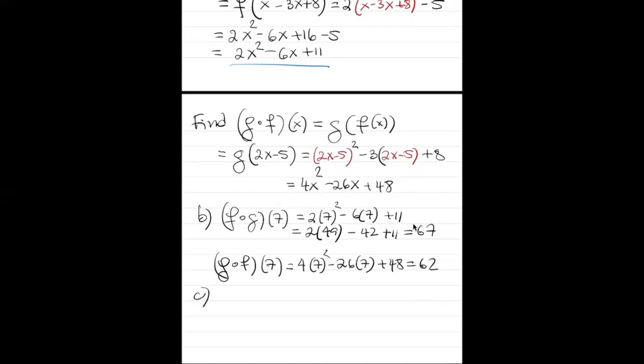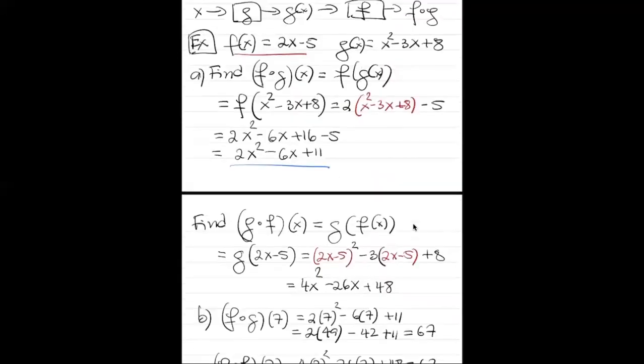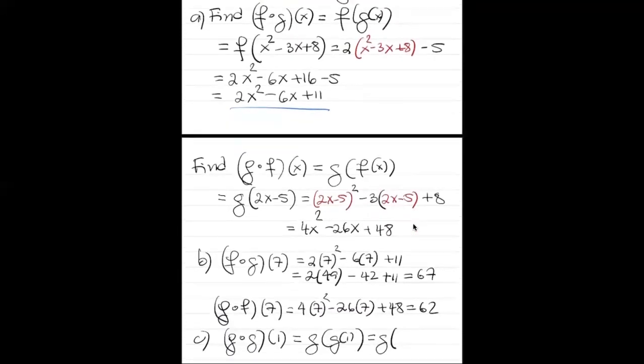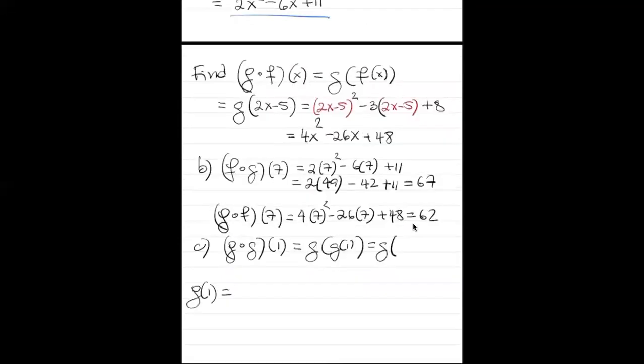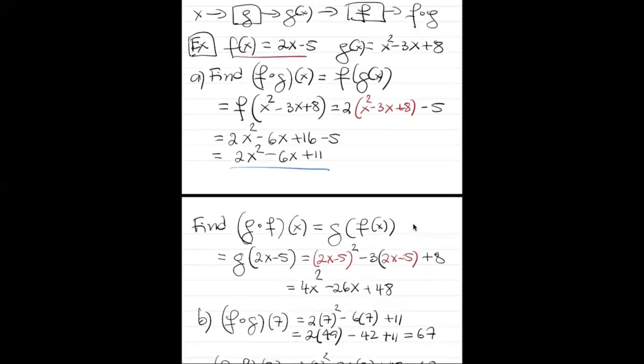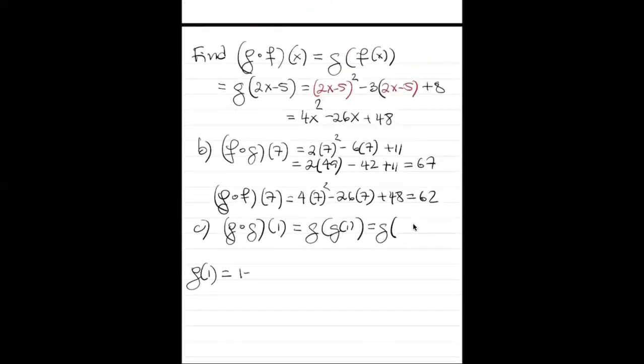Part C, find the composition of g with g of 1. So by definition, this is g of g of 1. So we calculate the inside first. Let's see what is g of 1. We can calculate it separately right here. So g of 1 is 1 minus 3 plus 8. So that is negative 2 plus 8, or 6.